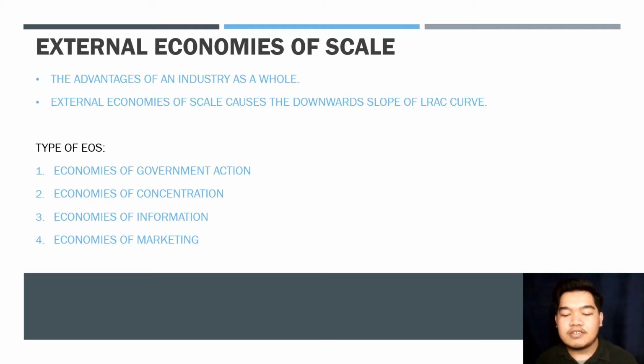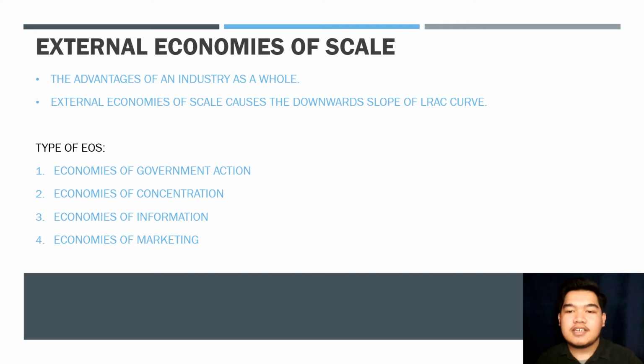All these reduce the cost of operation. Opening up of businesses and financial institutions to serve the overall industry will also benefit individual firms due to the economies of concentration.